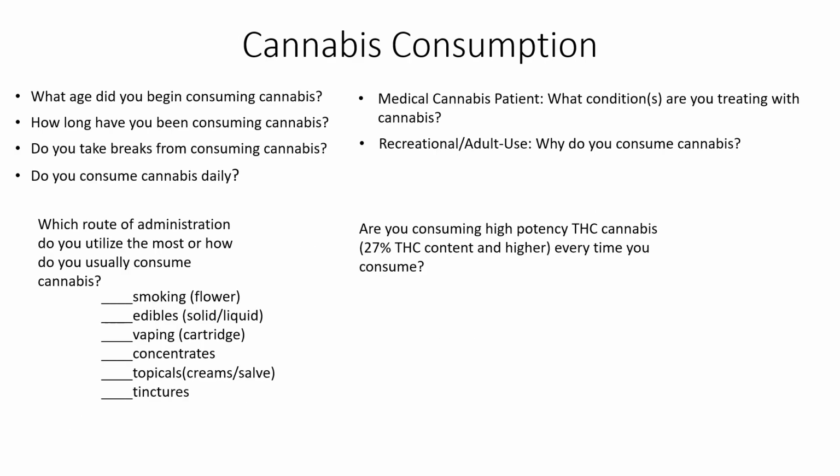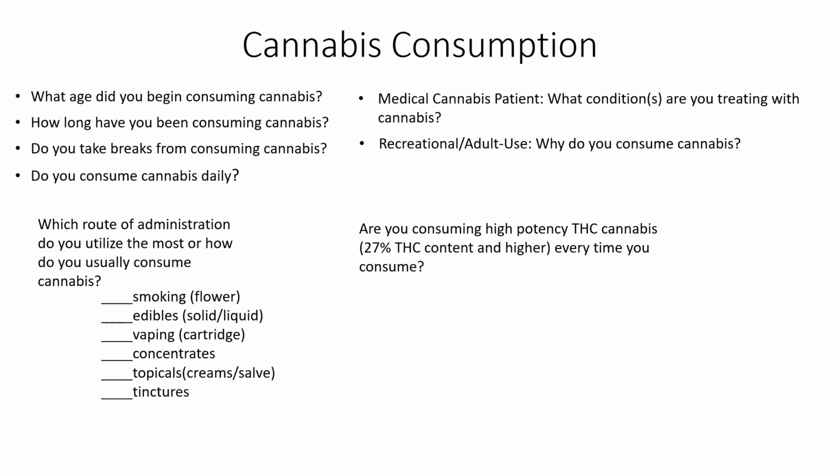Then it asks you about your cannabis consumption. What age did you begin consuming cannabis? How long have you been consuming cannabis? Do you take breaks or tolerance breaks from cannabis? Do you consume cannabis every day? And these questions are all geared to also gauge your level of risk to a number of conditions.